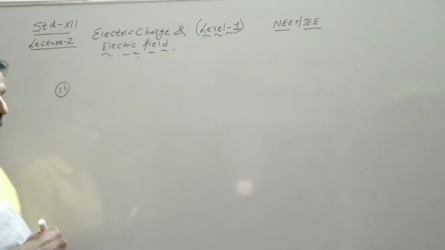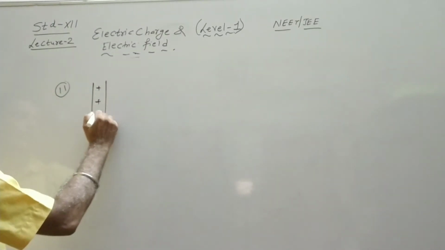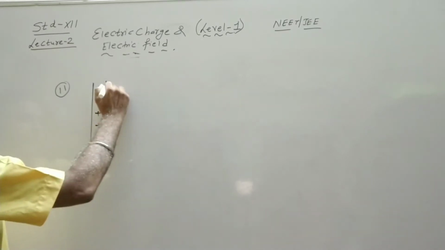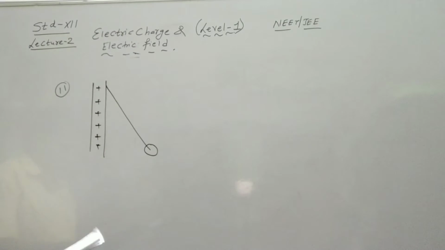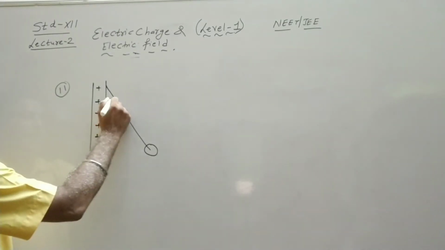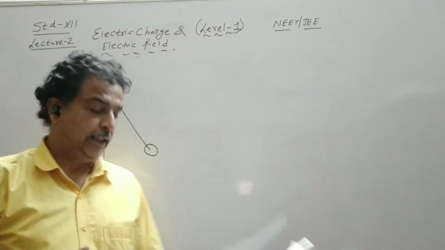Question 11. A plane sheet is given and a sphere is tied or hanged from a silk thread which makes an angle theta. So this is a plane sheet. That was our application in chapter number 1.